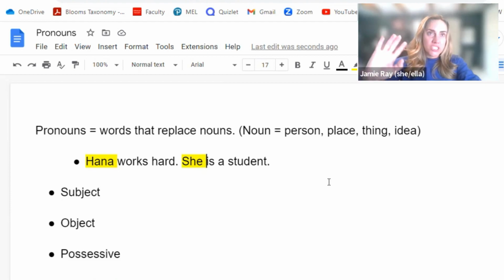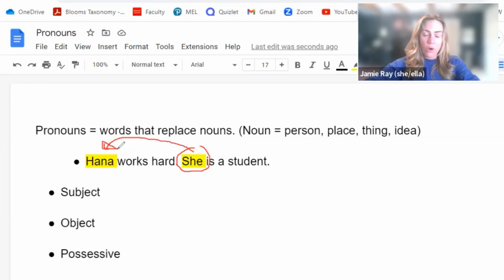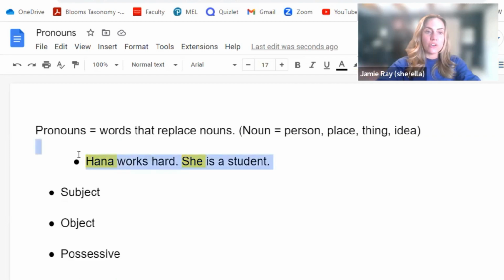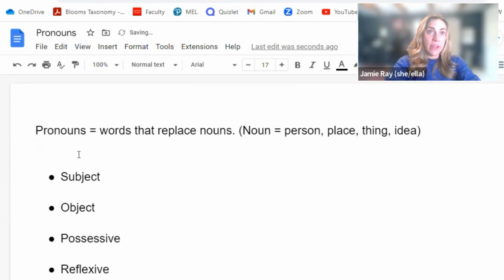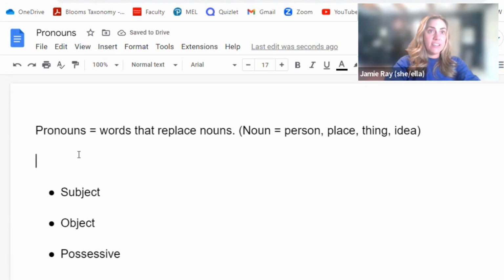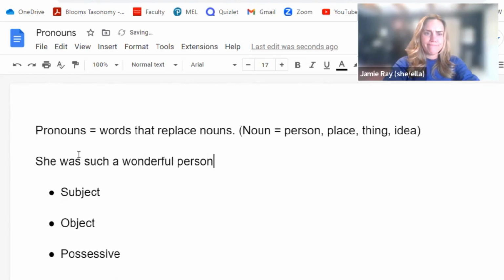Okay, so it's just an example of how we use pronouns to replace a noun, and pronouns always refer back to a specific person or thing that was mentioned earlier. Sometimes students will come up to me or they'll start a paragraph in an essay, or they'll start an essay and say, she was such a wonderful person.